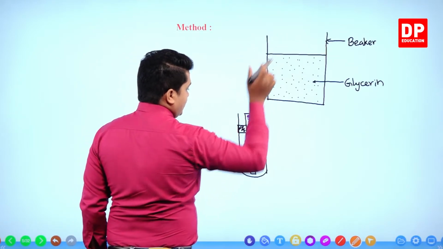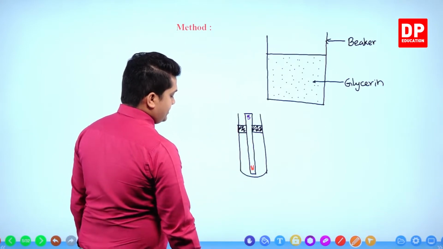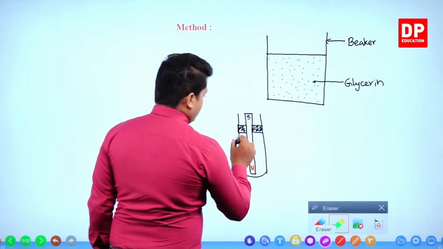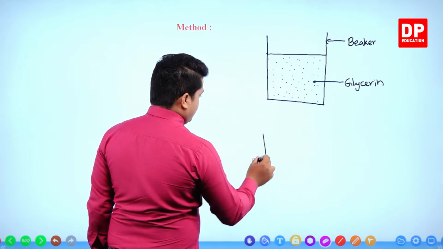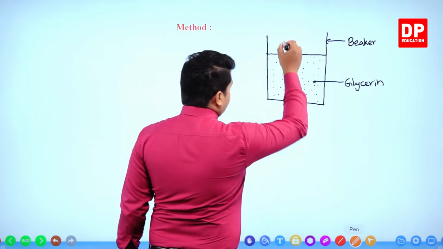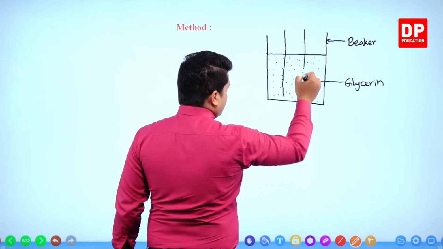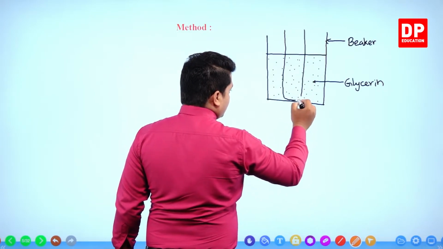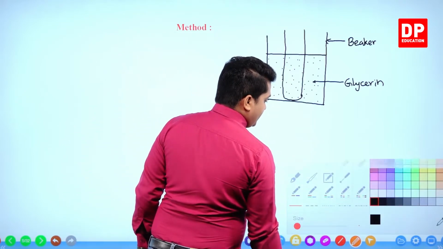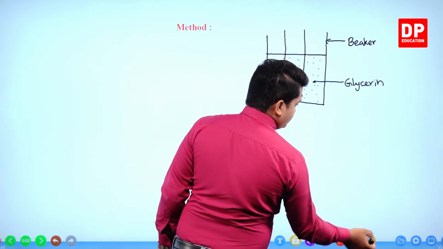So you have to insert it. I'll erase this part and insert this into the beaker, and I'll draw it once again. This is the test tube. Then I'll use a different color to show the magnet.